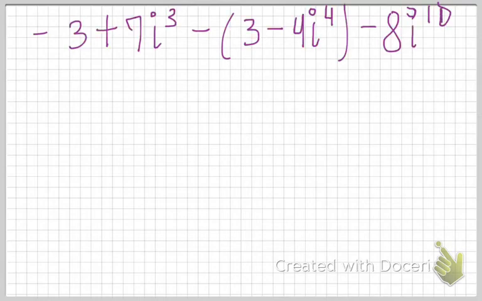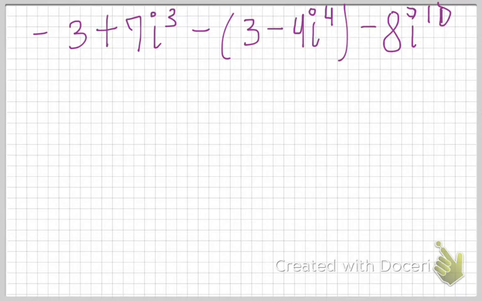Let me write it. Okay, so there's two approaches. You can either apply your PEMDAS, orders of operations, or deal with the i. I personally like to replace every i that has a power. So for instance, i to the third, i to the fourth, and i to the 10th.